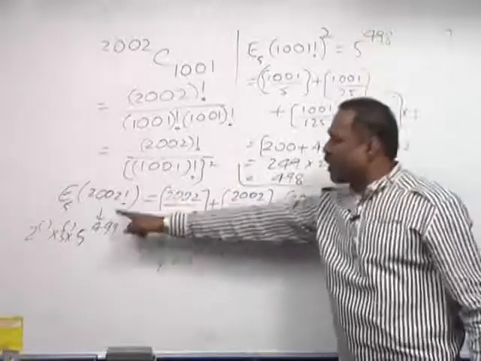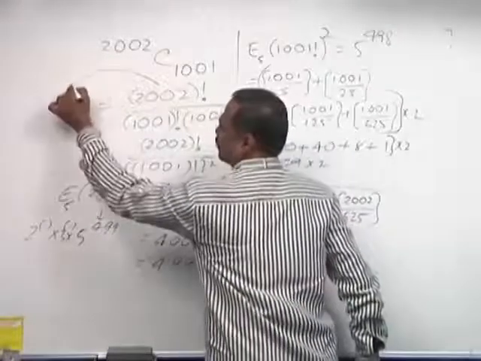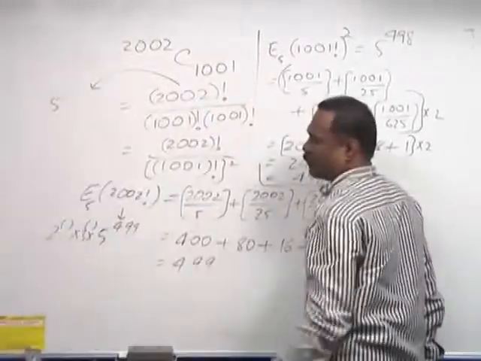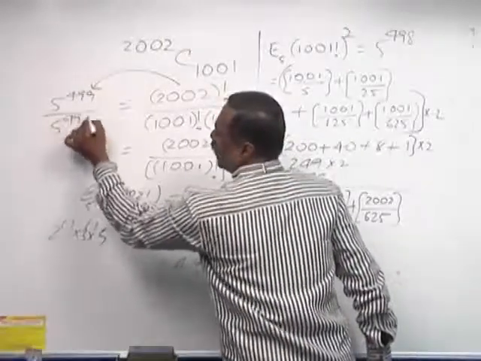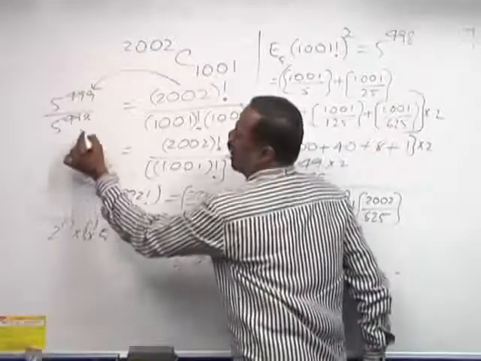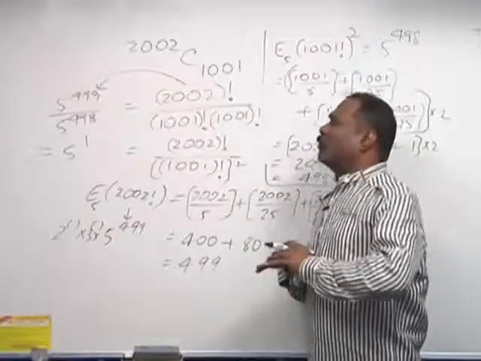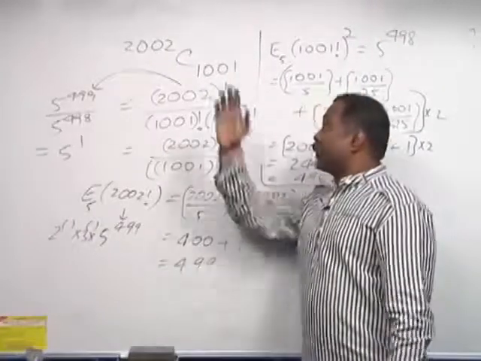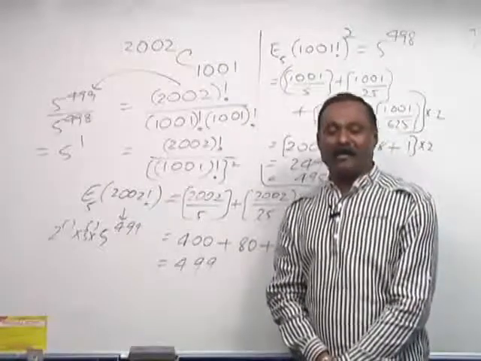And the power of 5 in this one is 5 power 499. If you substitute that in this one, it is 5 power 499 over 5 power 498, which means you will get 5 power 1. So you will have only one 0 in 2002 C 1001.